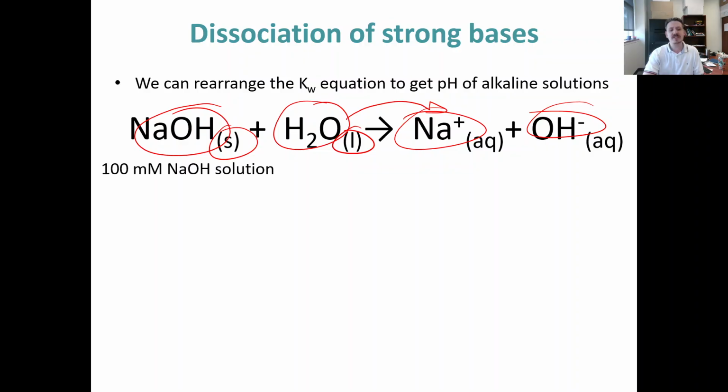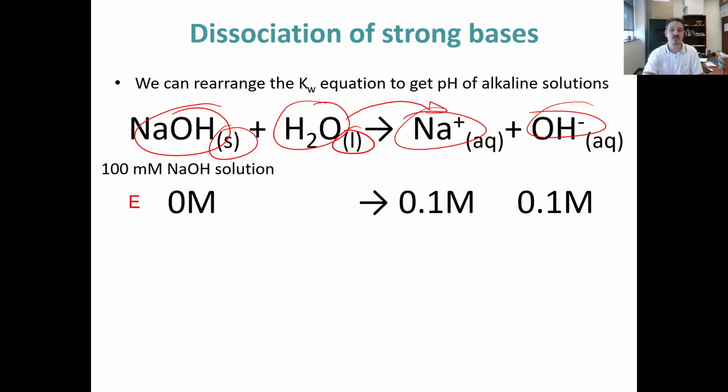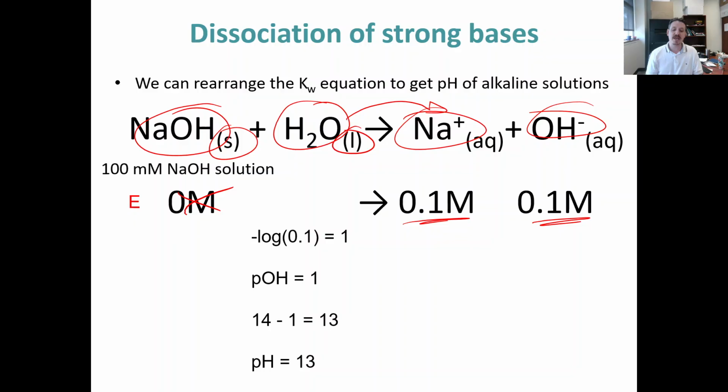Let's say we work with a 100 millimolar solution, just like we did last time, and I'm going to skip the ICE table, just go to the end. We know that this is going to react completely, so there's none of it, and you're going to get 0.1 molar of each of the products. Now, if I negative log it, that gives me the pOH. If I now get 14 and subtract 1, we get 13. And thus the pH is 13.